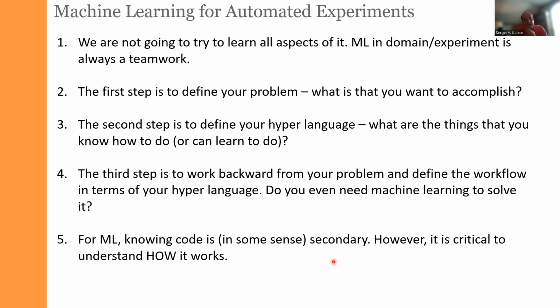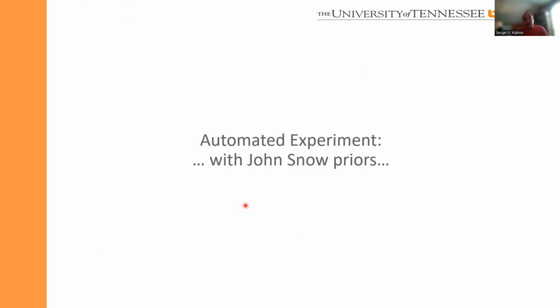So following the same logic, how are we going to do that? As I said before, we need to define our problem. We need to define our hyperlanguage. That's already done for us. Then we need to define the workflow in terms of hyperlanguage. For those of you that are microscopists, that's actually understandable. And then it's time to dig into the code and understand how it works.